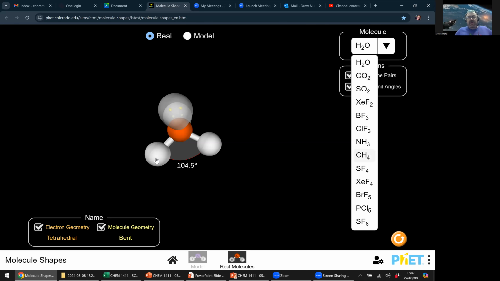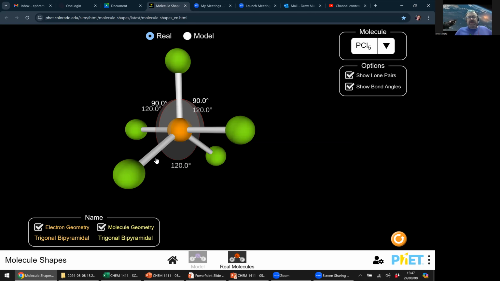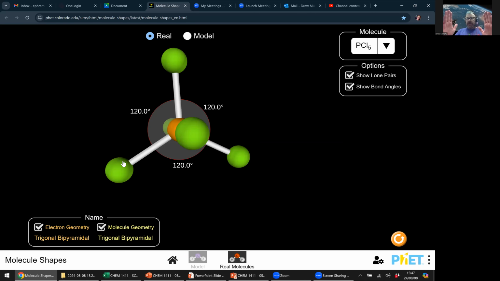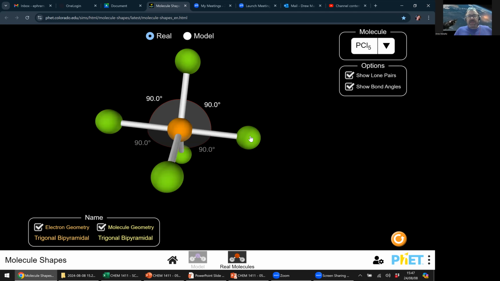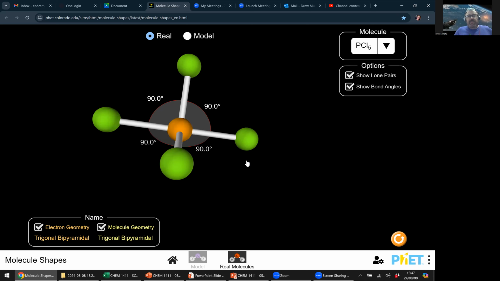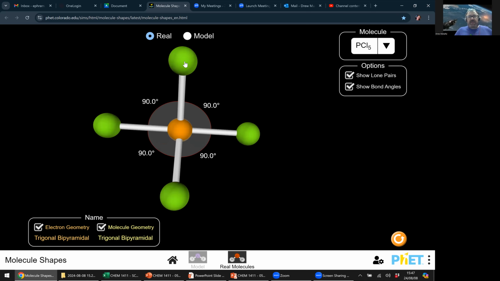So here you can see it, if we look at it this way, this is the trigonal planar center of it, right? 120 degrees around the middle. And then there's one pointed at us and one pointed backwards. If we turn this around this way, then what we see is the middle, this is the planar. We're looking at it this way. I don't know if you can see my hand, but this way.